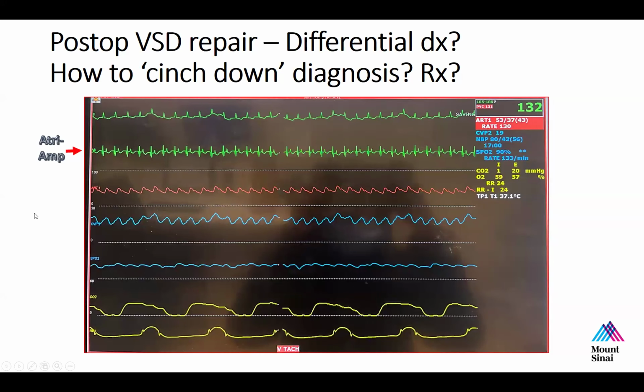Okay, so this is a postop VSD, and I was asked to comment on this tracing. And we have here the tracing with the so-called atriamp.